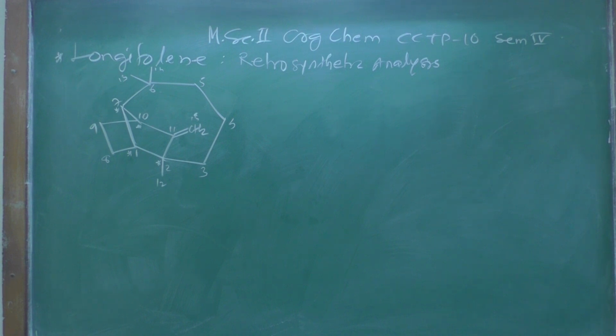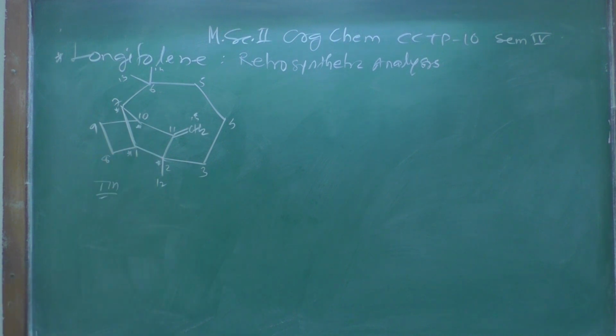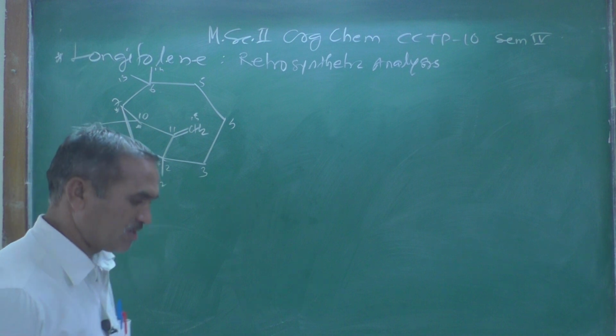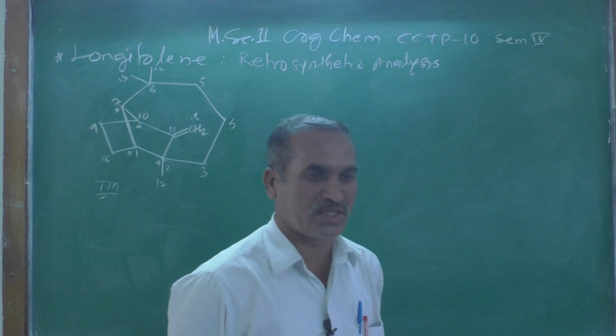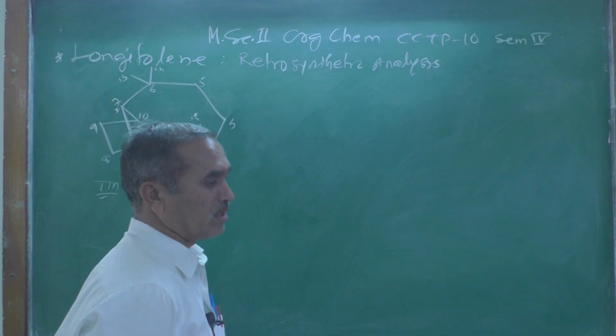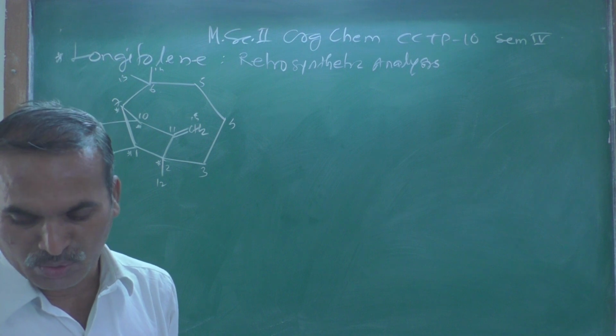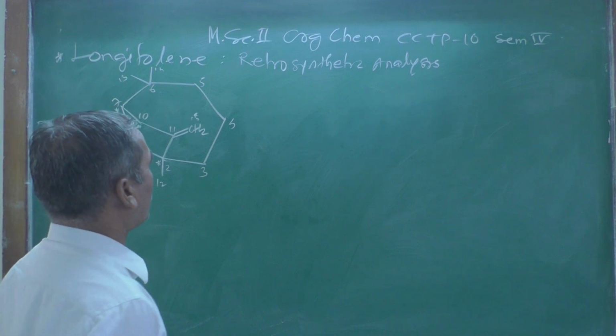And this is our target molecule TM, and now we are doing retrosynthetic analysis. As we know, retrosynthetic analysis means what? The process of breaking down the target molecule into convenient starting material is known as retrosynthetic analysis.